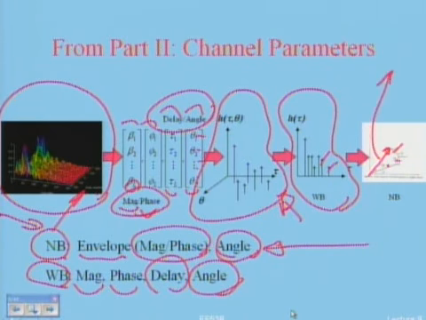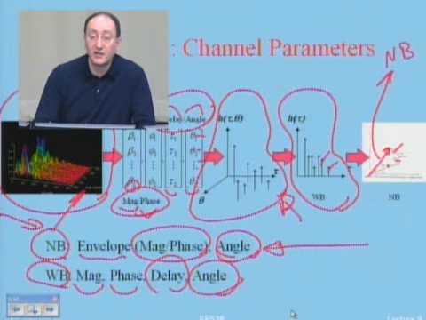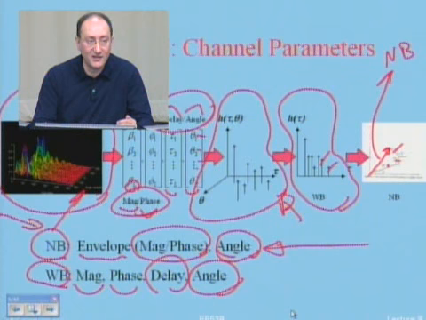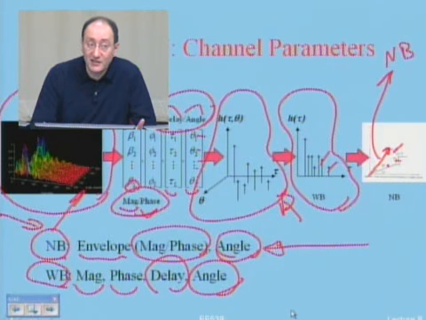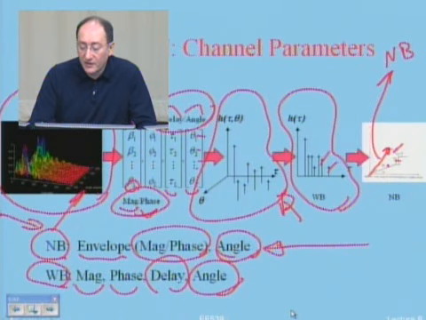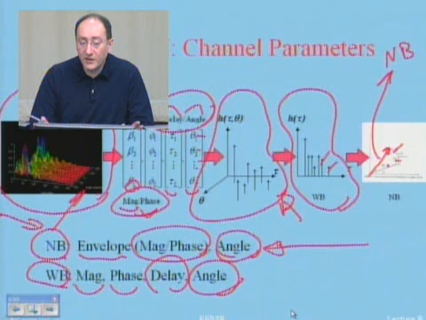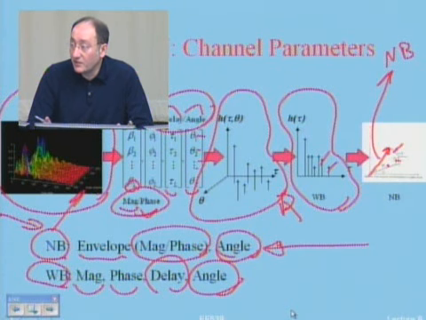This is what I'm using for narrowband communication. This is really amplitude fluctuations, changes of amplitude. And that's the only thing that I'm interested in for narrowband communication. Okay? Now, this is like an overview of part 2, channel modeling.